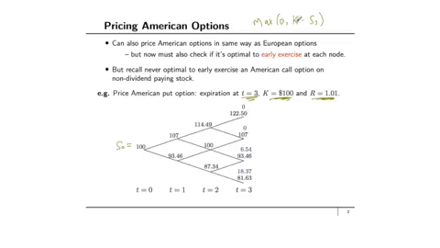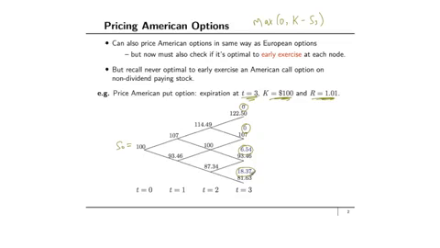The strike is 100, so we will only exercise if the security price is less than 100. That's why we're going to get 0 up here, and we're going to get 100 minus 93.46 down here, and 100 minus 81.63, which is 18.37.